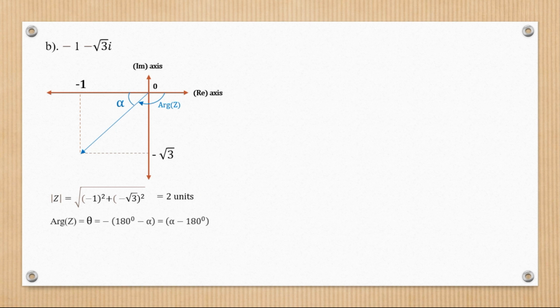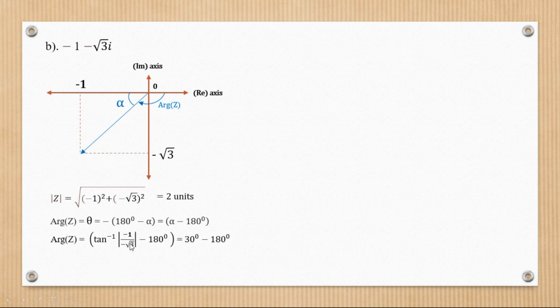Alright, so now to find the value of theta, or argument of z, we first have to find the value of 180 minus alpha, and we have to negate the answer because we're doing clockwise rotations. So substituting into this formula, alpha minus 180, alpha is going to be tan inverse of, remember, negative 1 and negative root of 3 simply represent the positions on the Argand diagram, but we don't want those negatives to affect our answer.